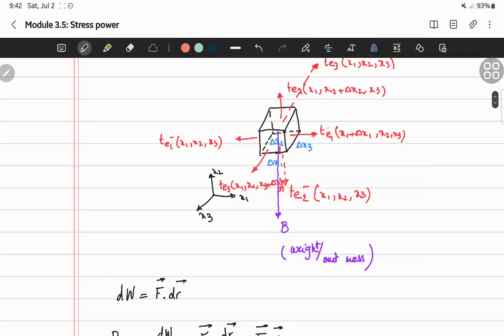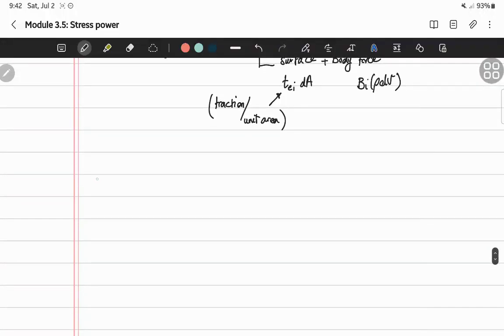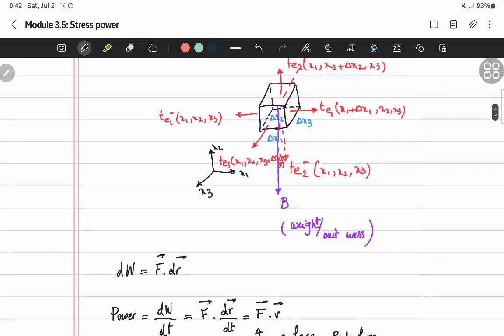All right, so let's get started with TE1 and TE1 minus. It is applied on this surface here, and then on this surface. So the surface is x1 and x2. If I want to write the surface force, it becomes TE1 times the area. So it is dx2, dx3.